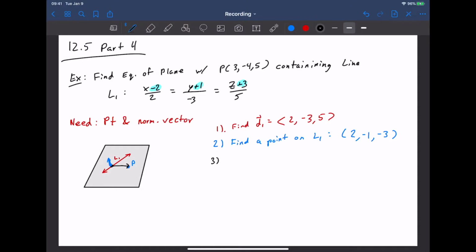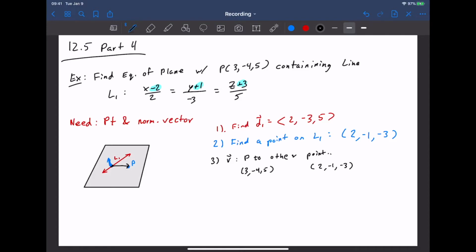So 3, get a vector from P to the other point. What do I mean by that? Between (3, -4, 5) and (2, -1, -3).